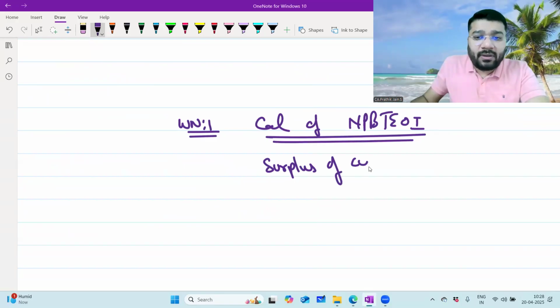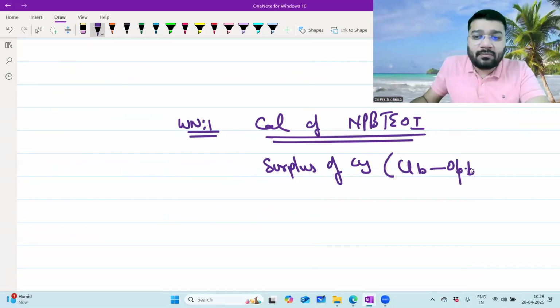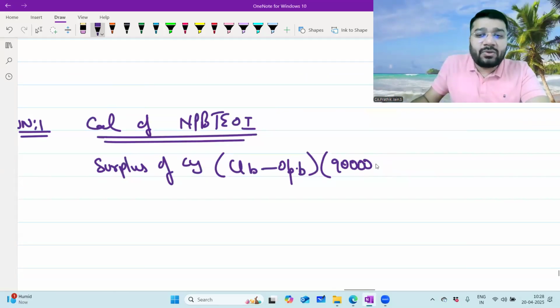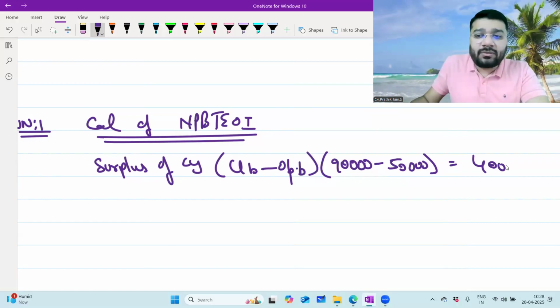Surplus of current year. How do you get it? Closing balance minus opening balance. How much is the closing balance? 90,000 is the closing balance. Opening balance 50,000, equal to 40,000.